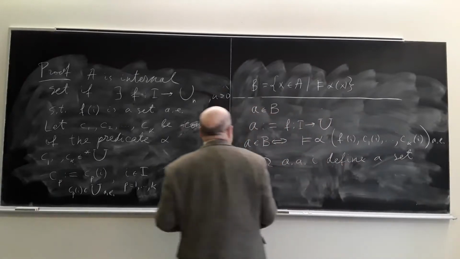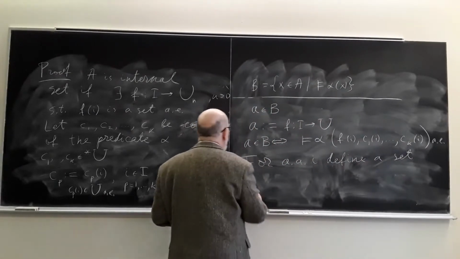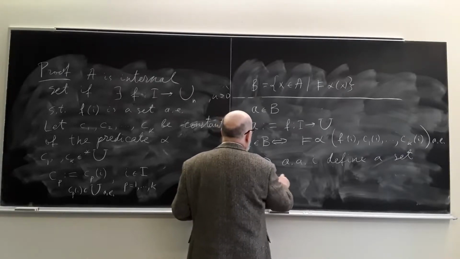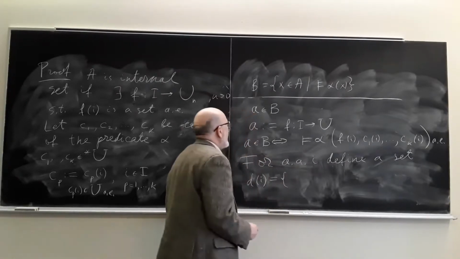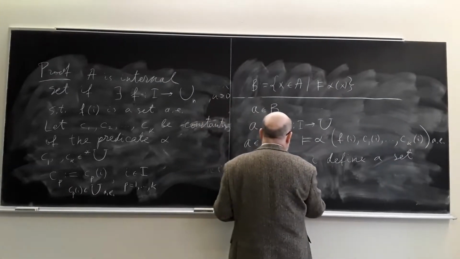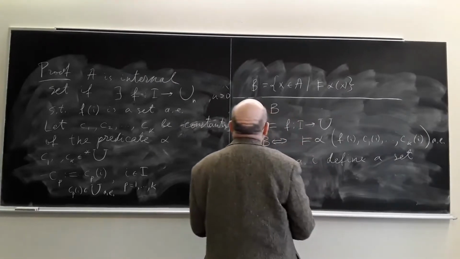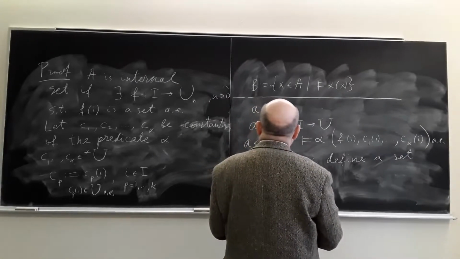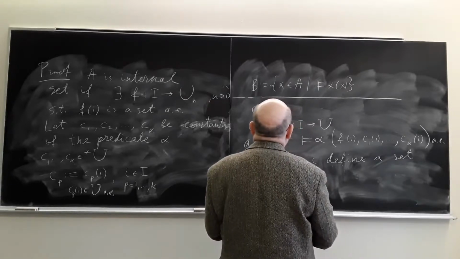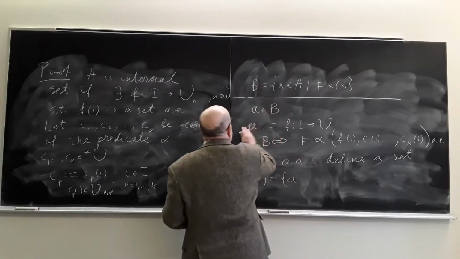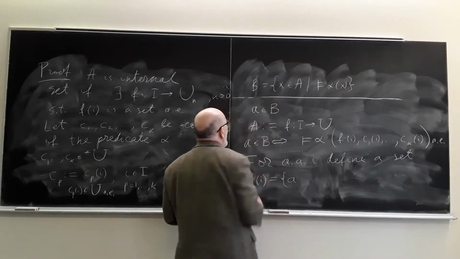We have A, B, C, D of I, the set of A, not A small, it's A capital.